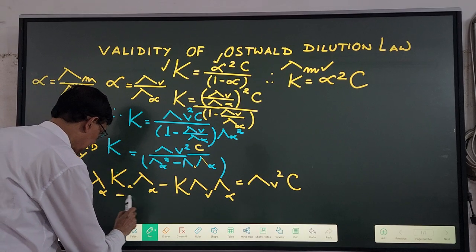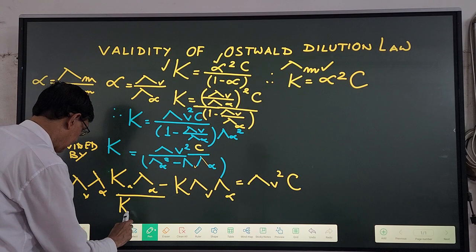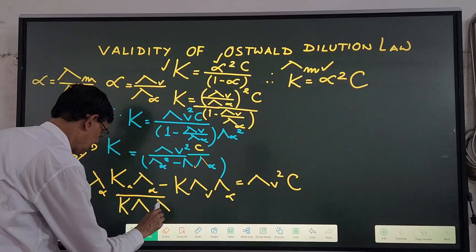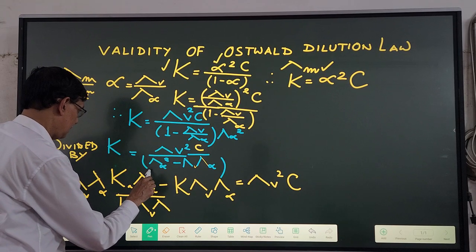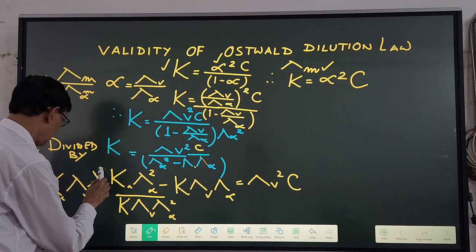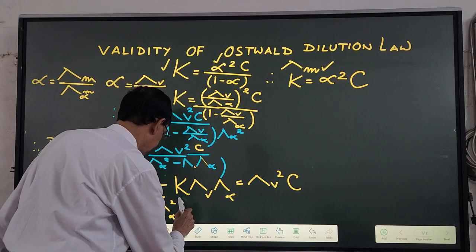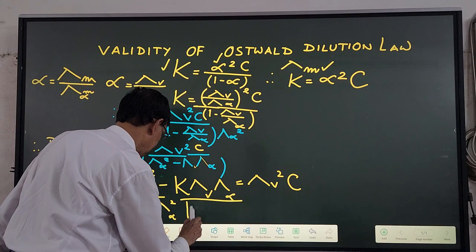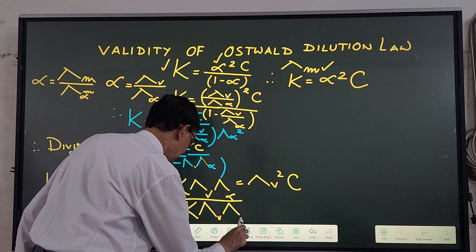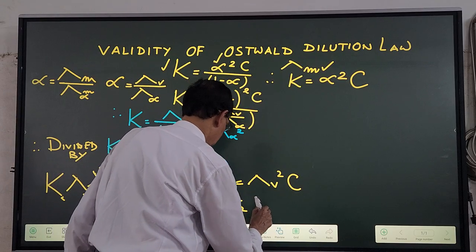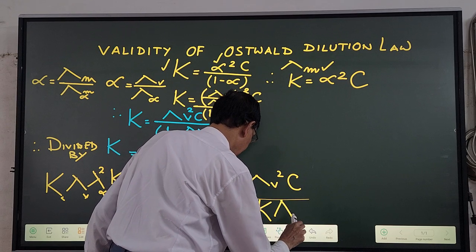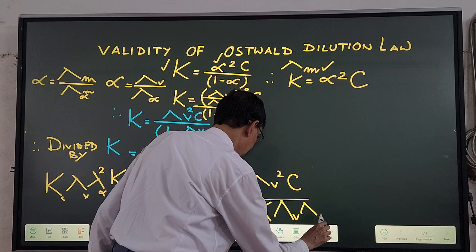So you just write like that, K lambda_v, of course it is actually this is square, so it is multiplied by the square, then again K lambda_v lambda infinite square, divided by K lambda_v square.